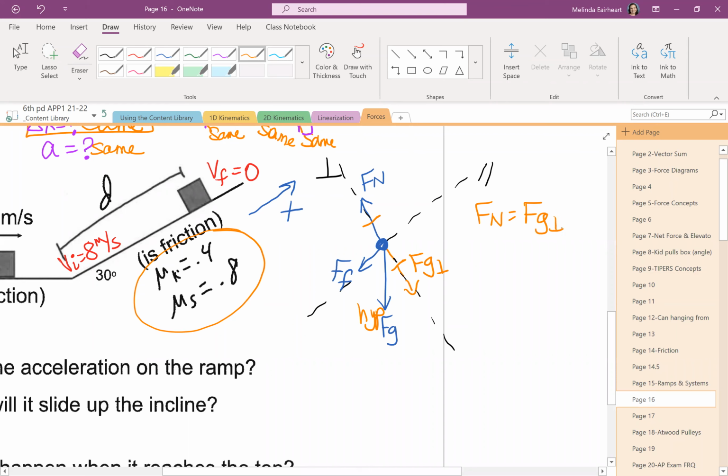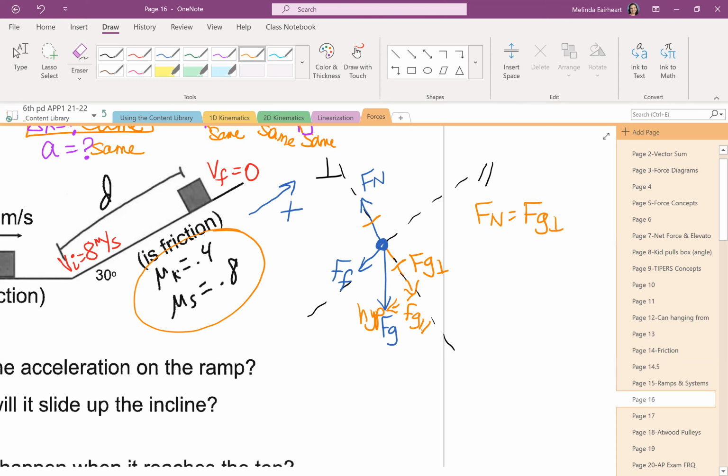And then draw your parallel component that's 90 degrees from that perpendicular component. Squeeze it in there. Okay. Now that's not equal to friction. Don't do that. It's not really equal to anything every single time. But it is down the ramp as well, same as friction. So that'll come into play.